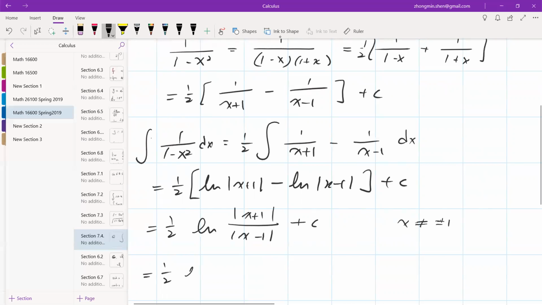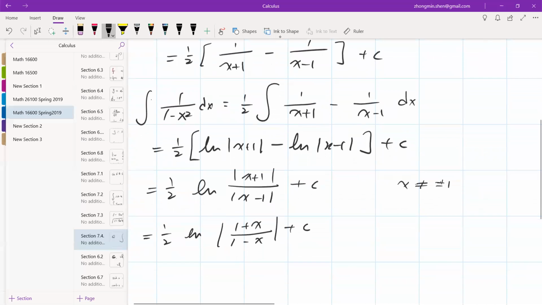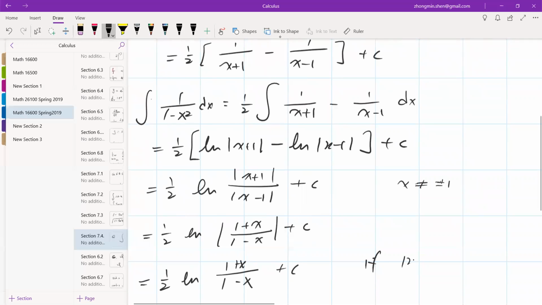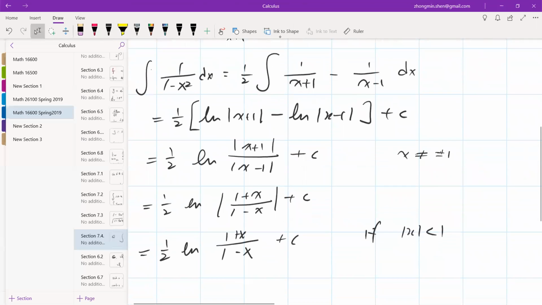Now what happens when the absolute value of x is less than 1? I want to remove the absolute value symbol. This is true if the absolute value of x is less than 1, because then both the numerator and denominator are positive.